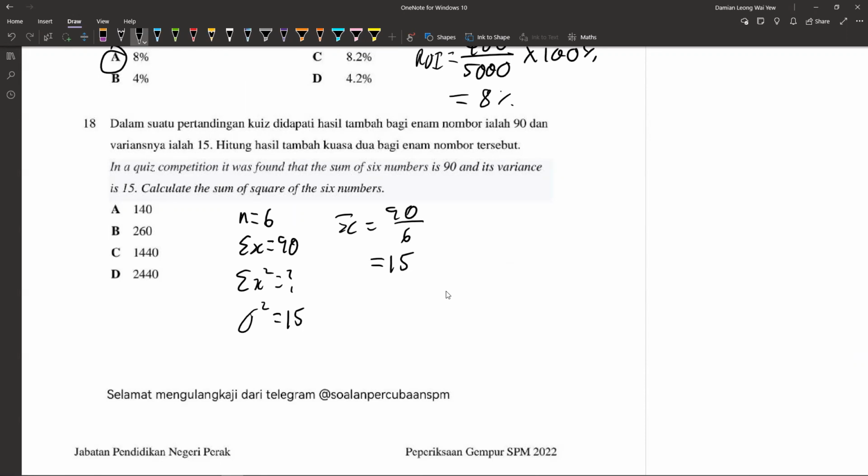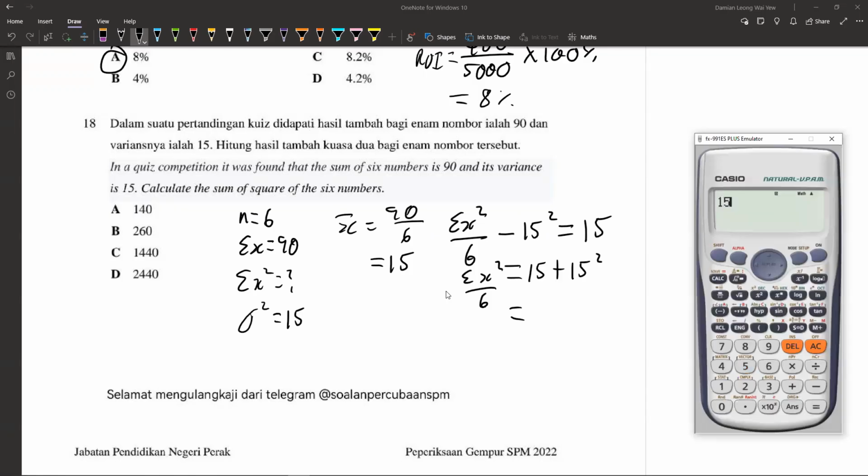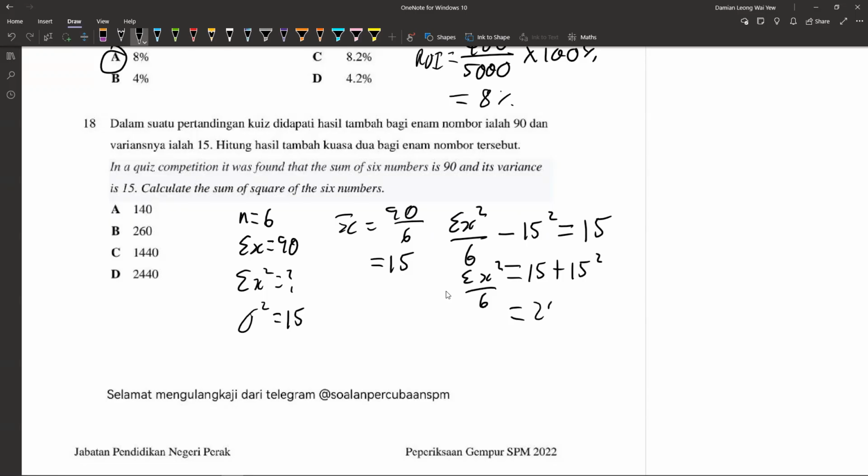Then using variance formula, sum of value square over 6 minus mean square equals the variance. So bring over, minus opposite plus, 15 square. Sum of x square over 6 equals 15 plus 15 square, 240.